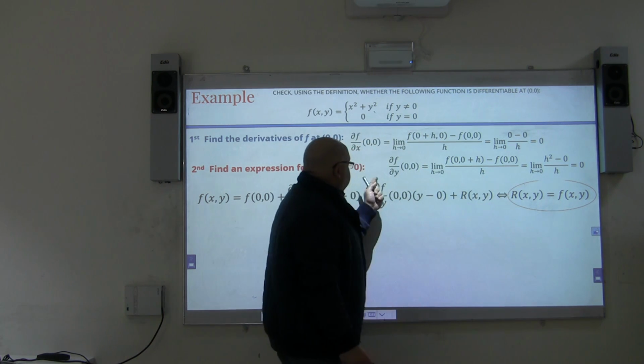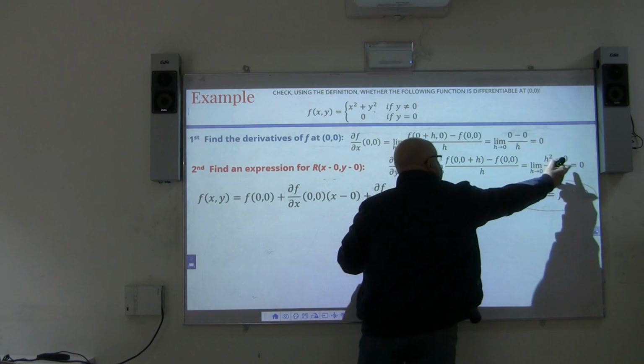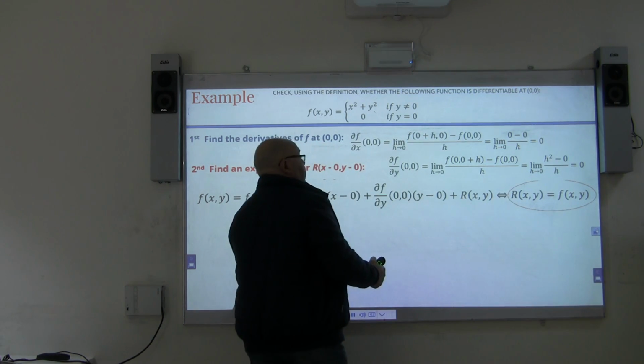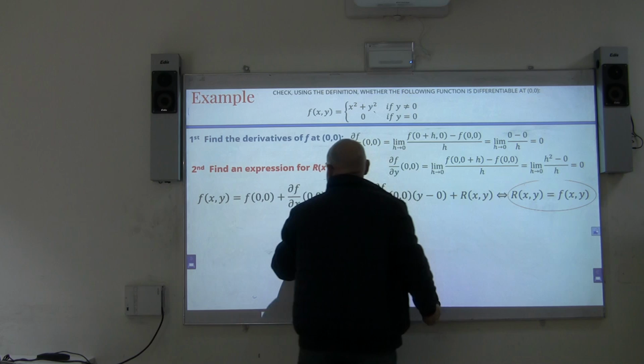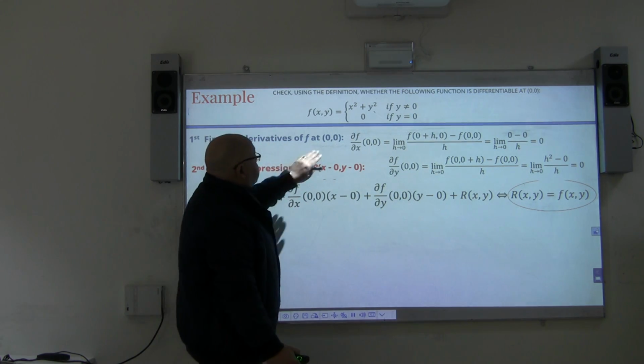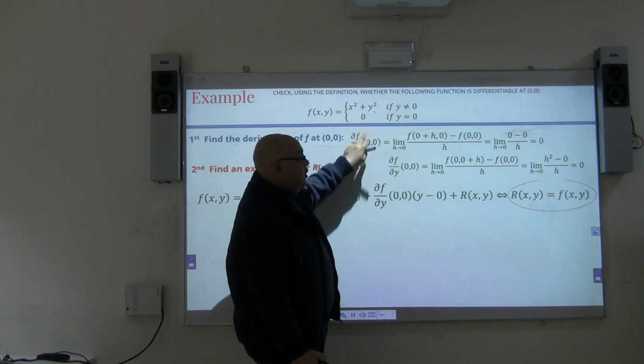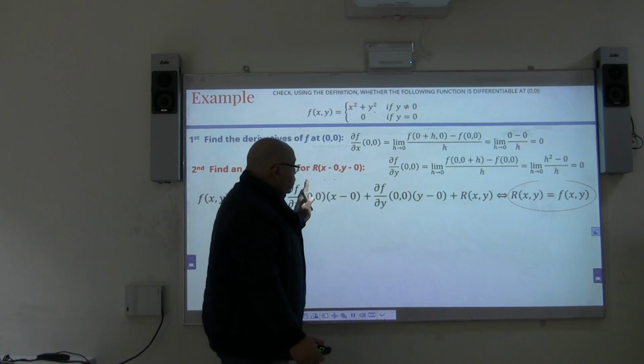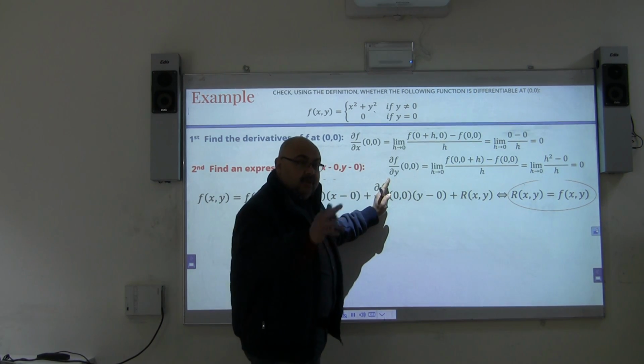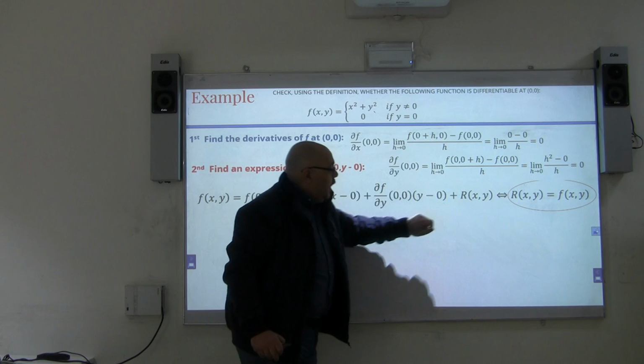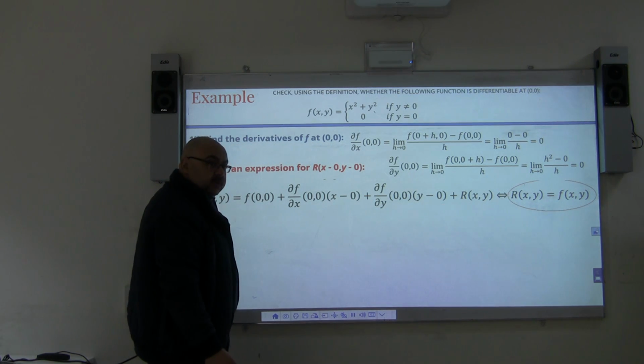Remark: this one is equal to 0. That one is equal to 0. And f(0, 0), the value, is given by 0. So the first term, second term, and third term are all zeros, which means r(x, y) is equal to f(x, y).